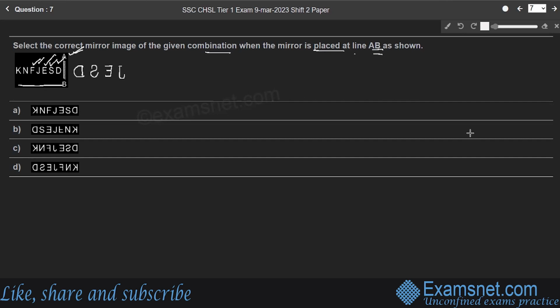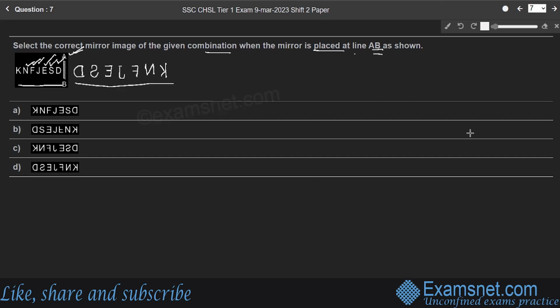Of F, again F is not a symmetrical letter. Mirror image of F will be like this. And N also is not a symmetrical letter. Therefore, N looks like this, right? Whereas K will be like this, right?